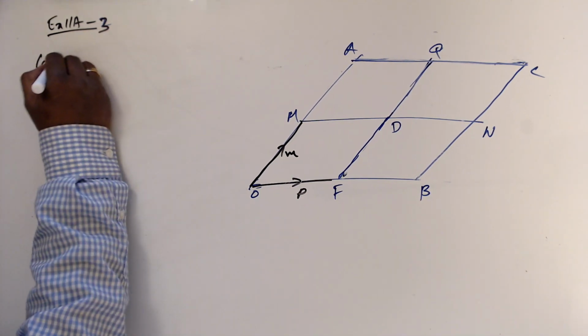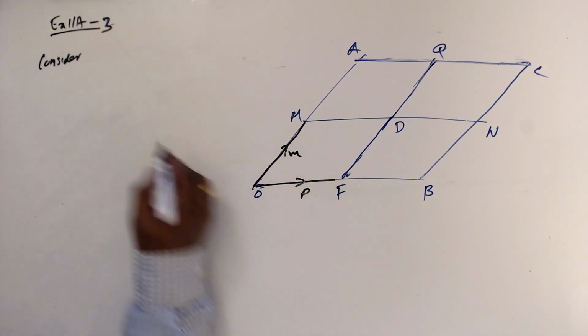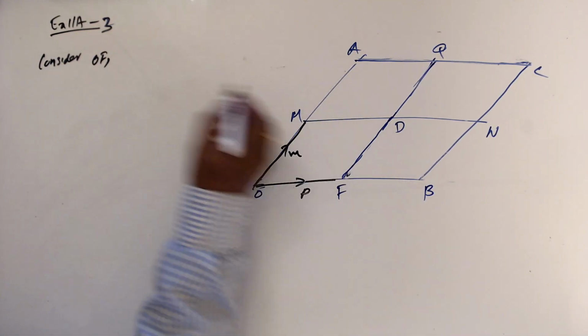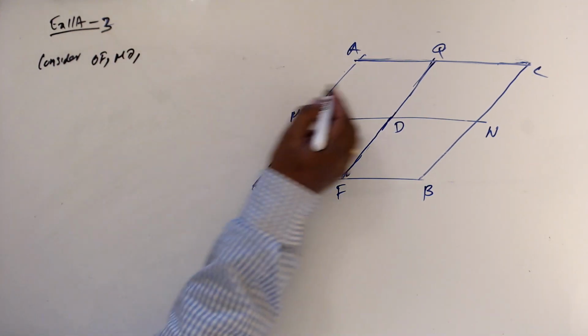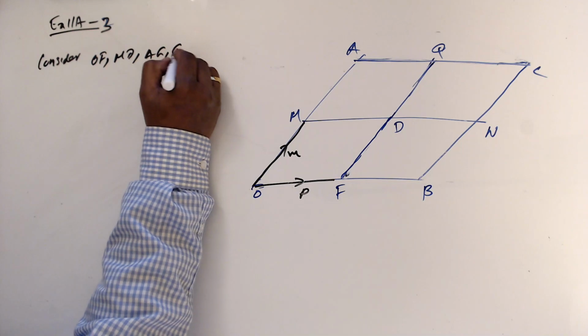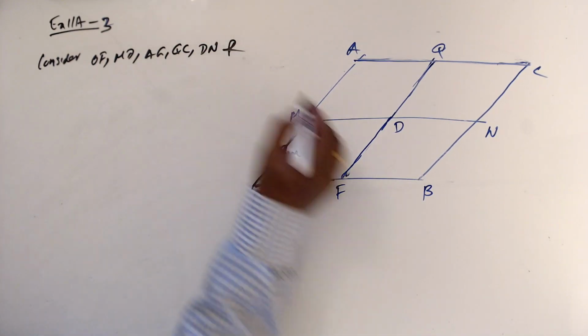Consider what we are going to consider. OP line segment, then MD, then AQ, and then QC, and DN, and FB.